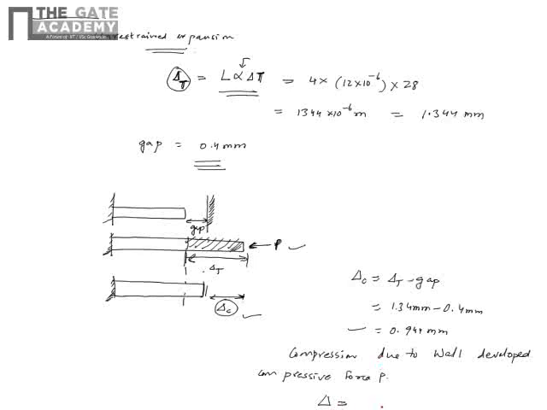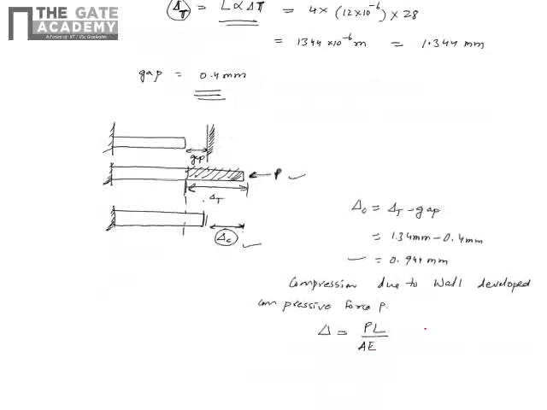Because of the compressive load P, the change in length is PL by AE. This again comes from Hooke's law, because sigma is E times strain, sigma is P by A, and strain is change in length over length. So this is your delta C, which is 0.944 mm.